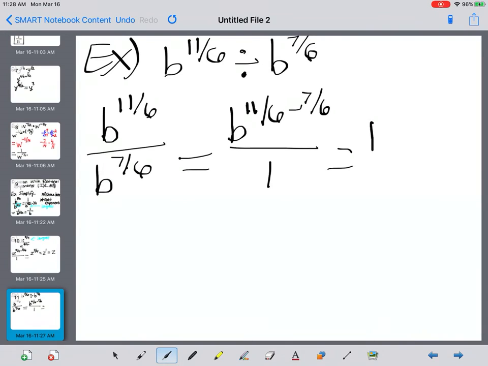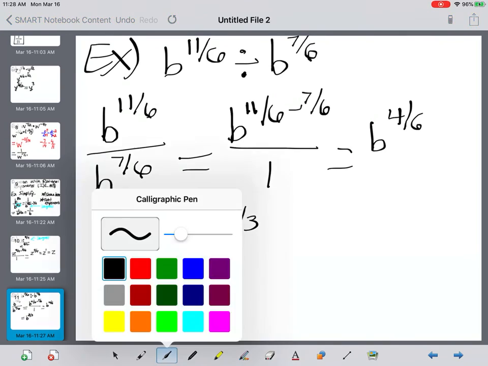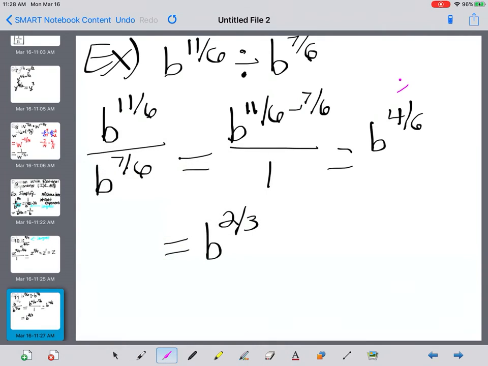So it's just going to be b to the 4/6. And as our final answer, 4/6 will simplify. They both divide by 2, so it's going to be b to the 2/3. And if you didn't know how I got that, basically I just divided the top by 2 and divided the bottom by 2. So that ends up giving me that.